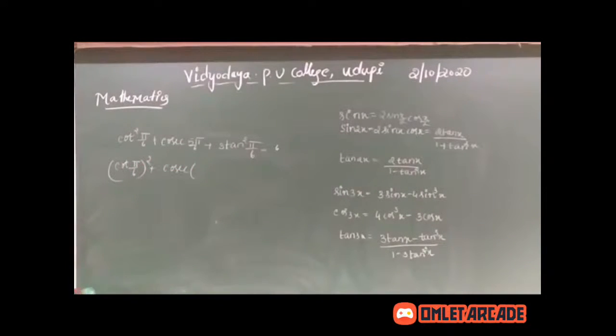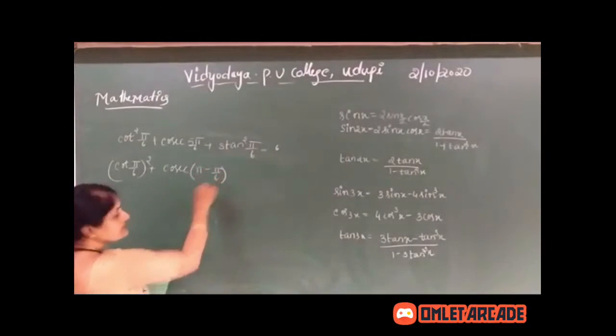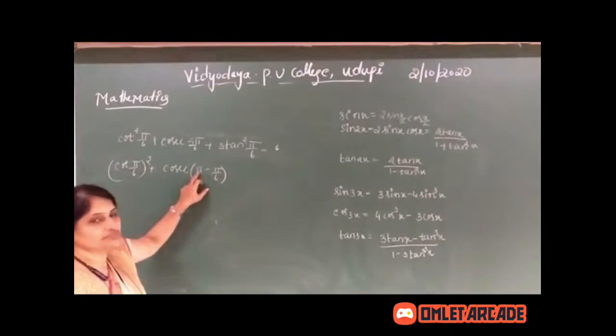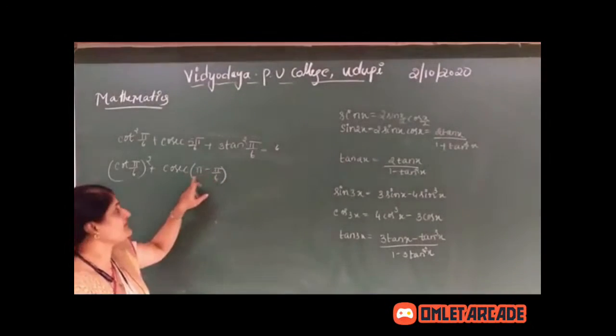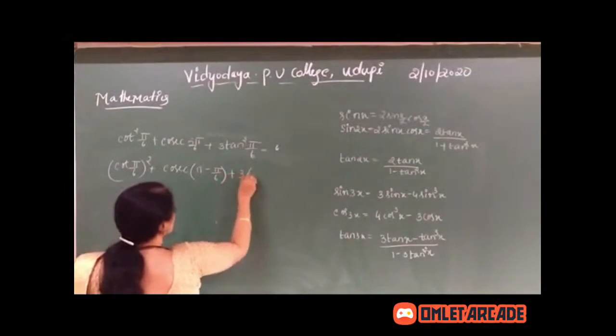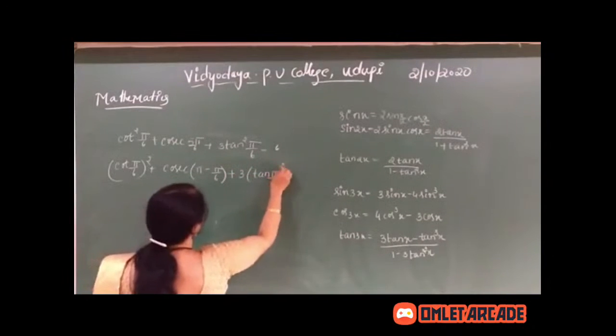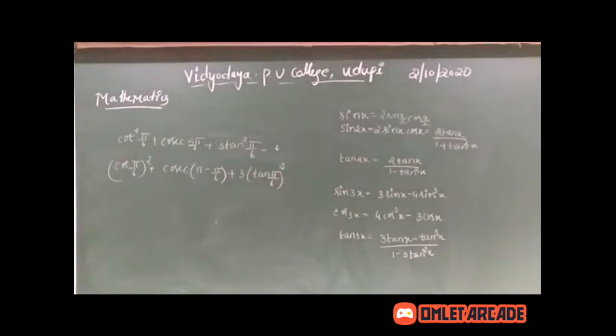Now 5 pi by 6, you can write it as pi minus pi by 6, isn't it? Right? If you take LCM, it becomes 6 pi minus pi, 5 pi divided by 6 plus 3 tan pi by 6 whole square. So what we need to prove?